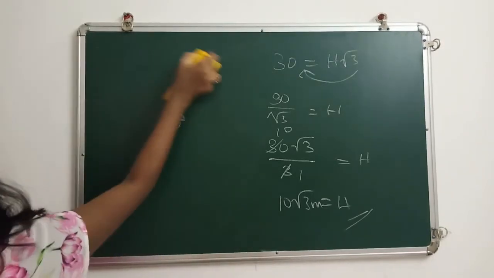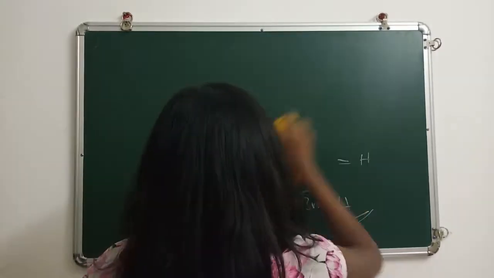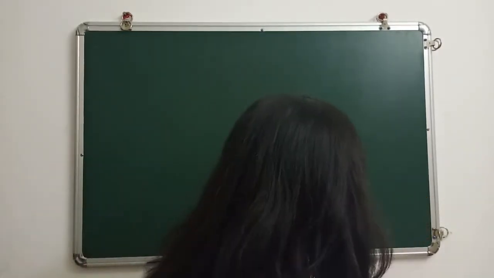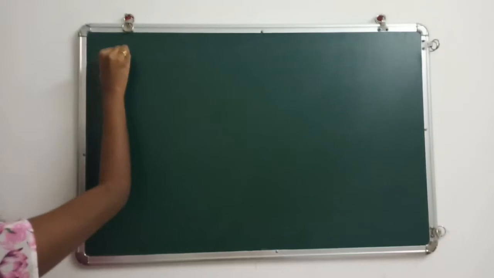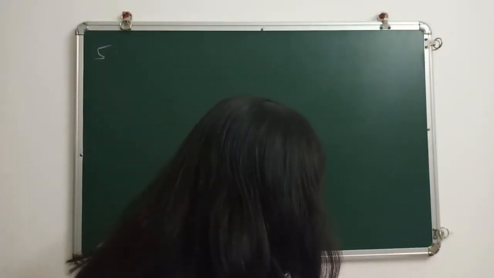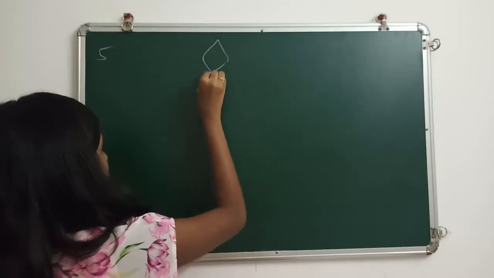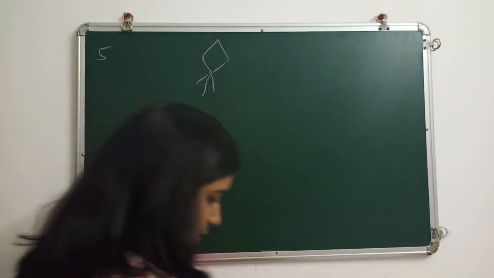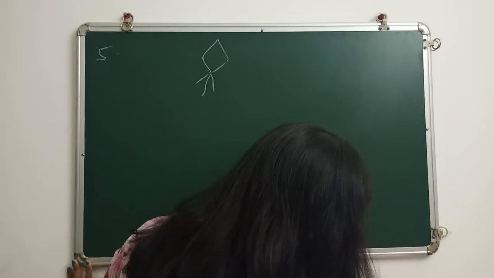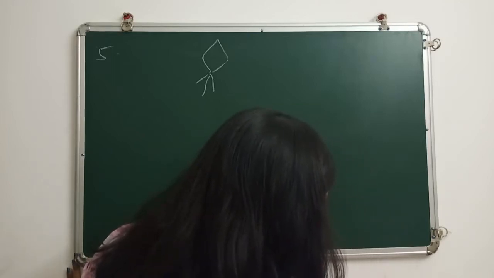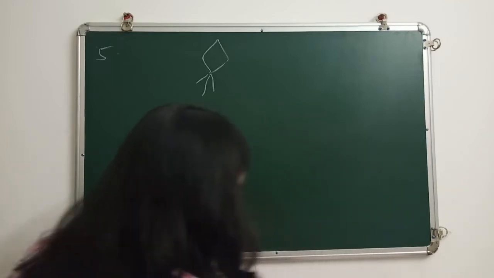Now getting into the fifth sum. A kite is flying at a height of 60 meter above the ground.